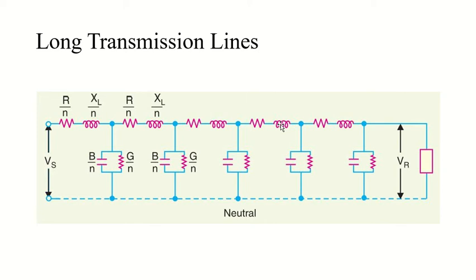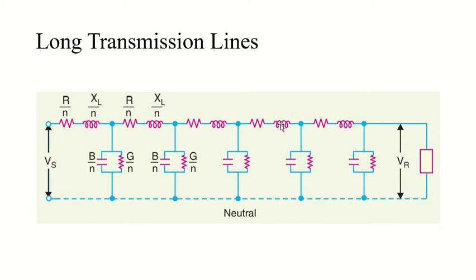In nominal T and nominal pi, we took two different parts for your line constants and shunt admittance, and depending on that, we called it either nominal T or nominal pi method, based on the distribution of shunt admittance or the line parameters. That's what used to happen for nominal T and nominal pi.